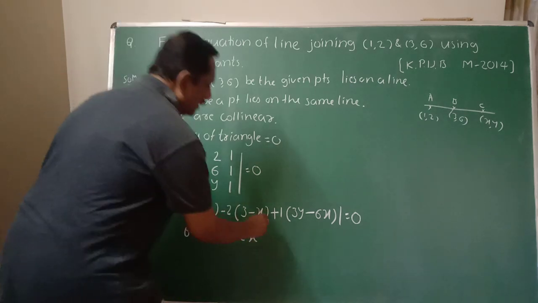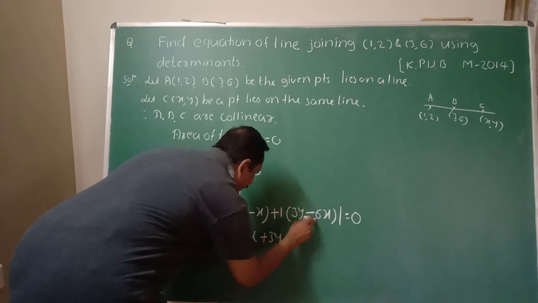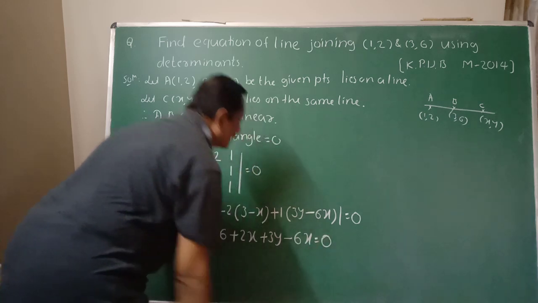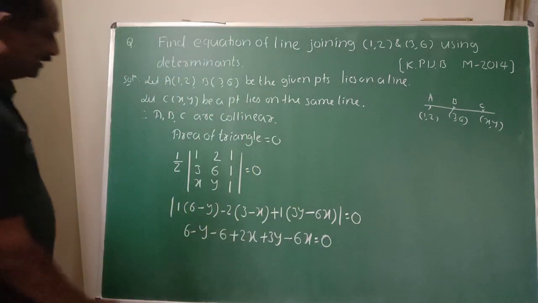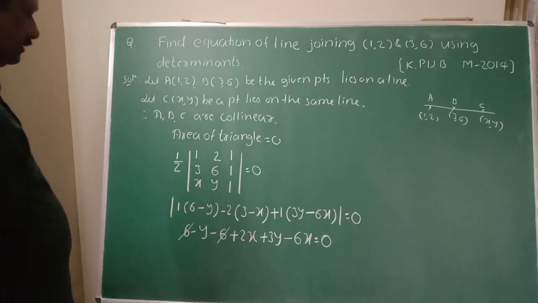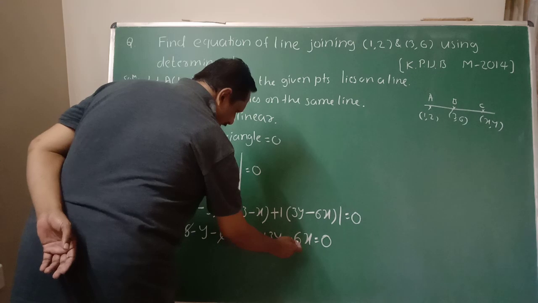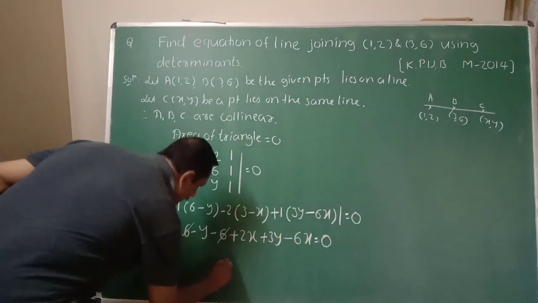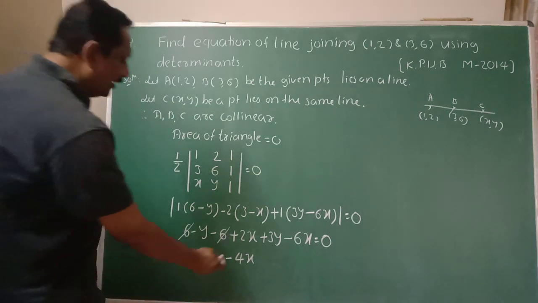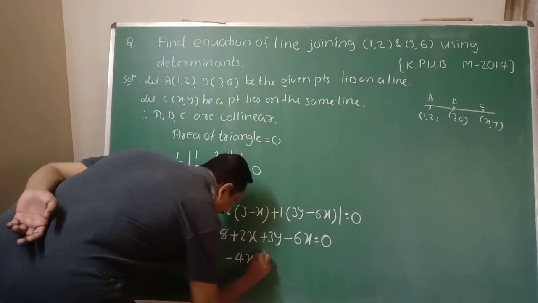Plus 2x. 1 into 3y plus 3y. 1 into minus 6x minus 6x is equal to 0. Then here plus 6 and minus 6 cancel here. Then 2x minus 6x is minus 4x here.